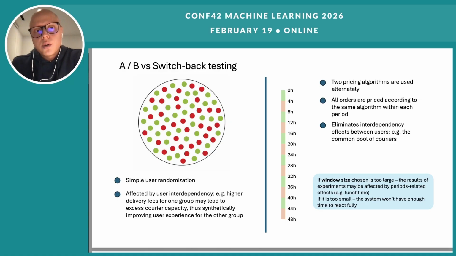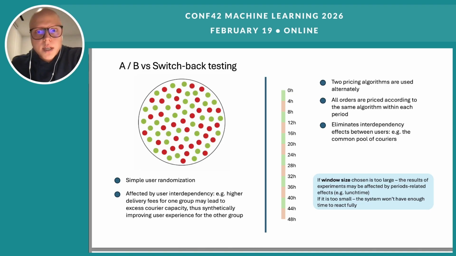Instead of splitting all users into two groups, you basically split the timeline of the experiment. You use two pricing algorithms alternately, and within each period of time, you price all orders using the same algorithm. So either you increase the price for all orders or you don't do anything.